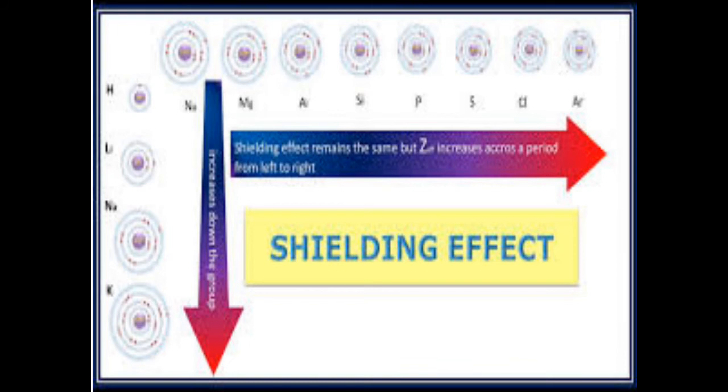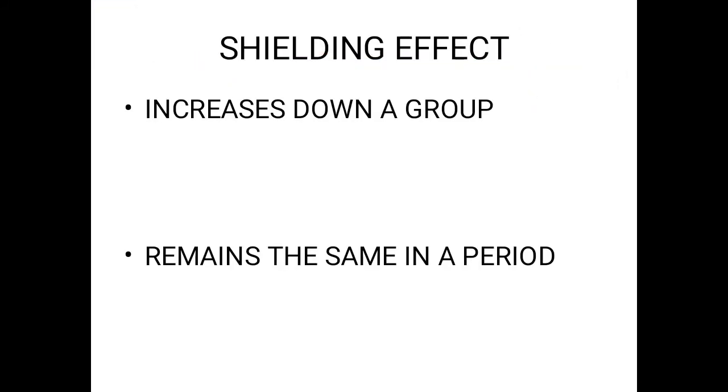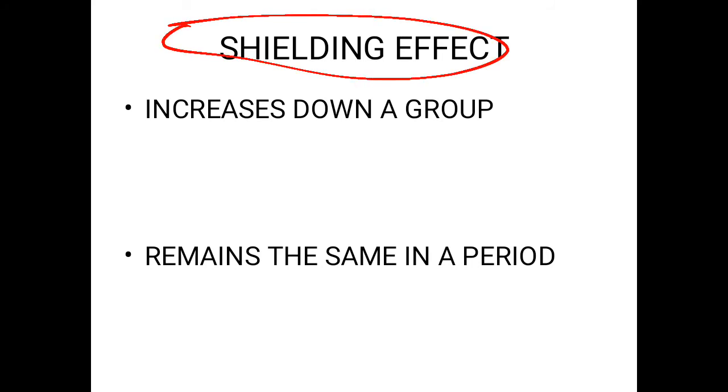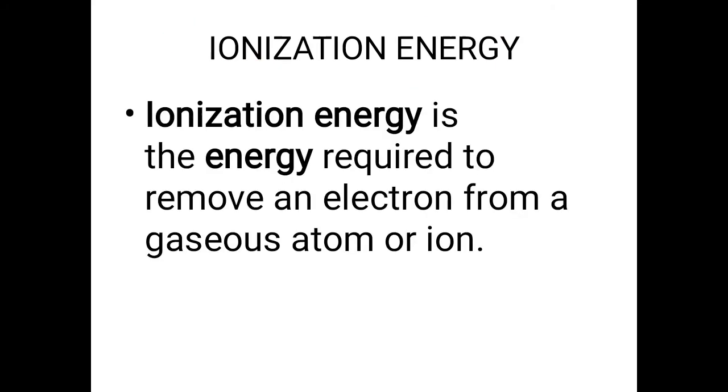The shielding effect, or the repelling force of the innermost electrons, is also increasing. But the shielding effect remains the same as the elements move across a period. Now the final trend: shielding effect increases down a group and remains the same in a period.